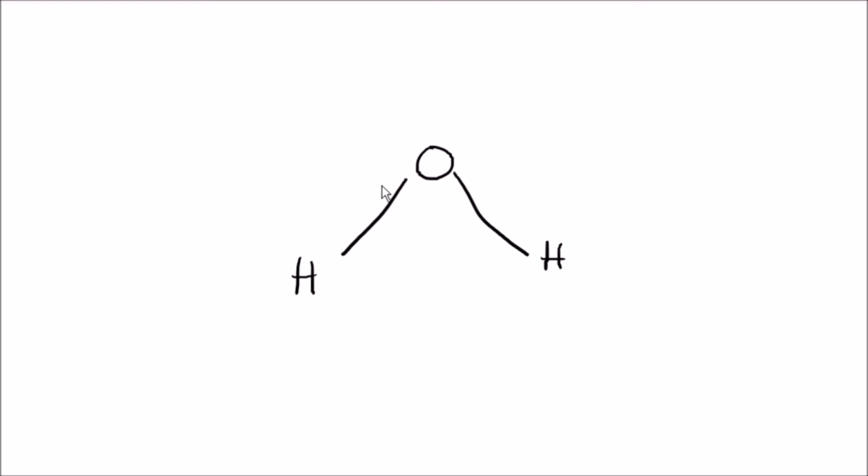oxygen has 6 valence electrons. So let's just say that this electron right here is a part of oxygen. This is also a part of oxygen. Now, how many valence electrons are remaining? Well, 6 minus 2 is 4, so we have 4 more electrons. And these 2 lone pairs of electrons are known as electron domains, and you have your bonds here.